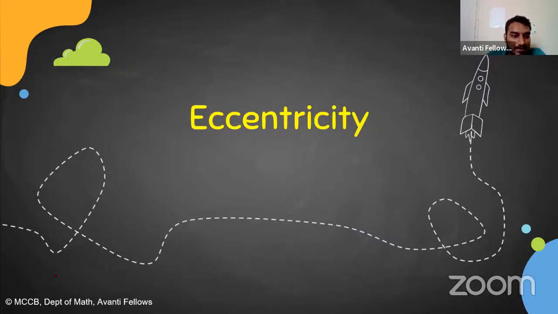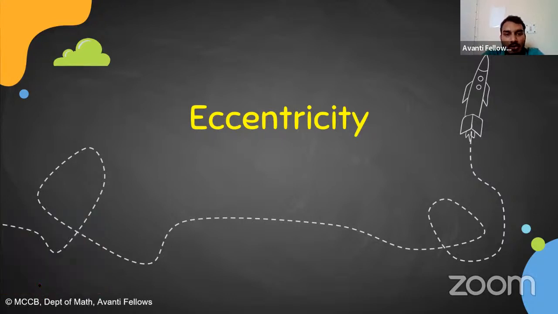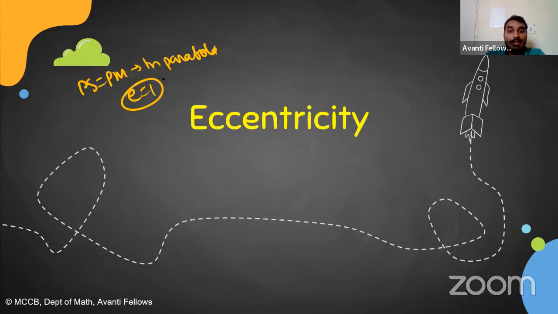In the parabola, we already know from the definition of the conic that PS is equal to PM. So eccentricity in the case of parabola was 1, right? But in ellipse, the eccentricity is between 0 and 1, right? So we have to understand exactly what the formula of the eccentricity is.